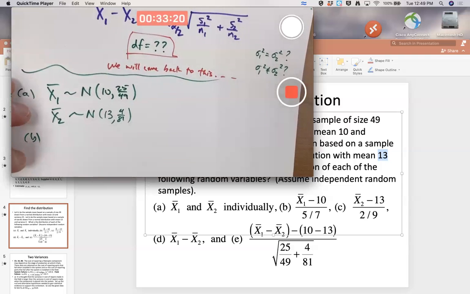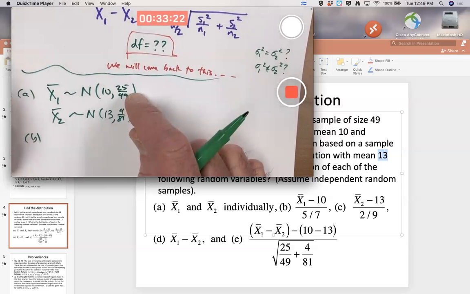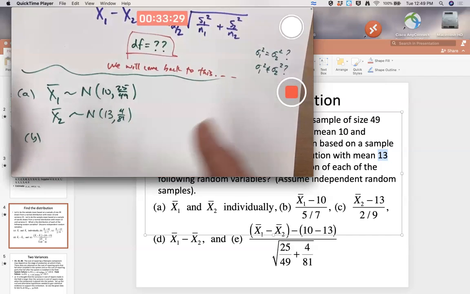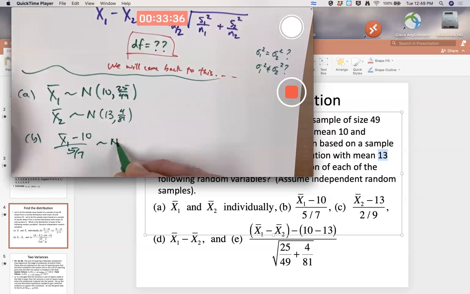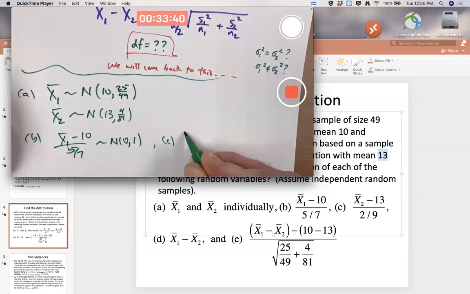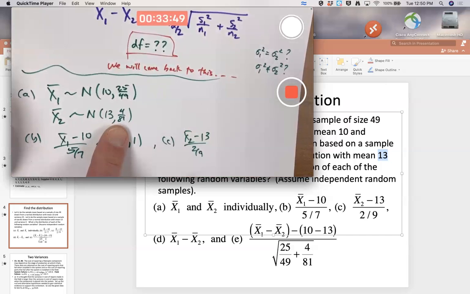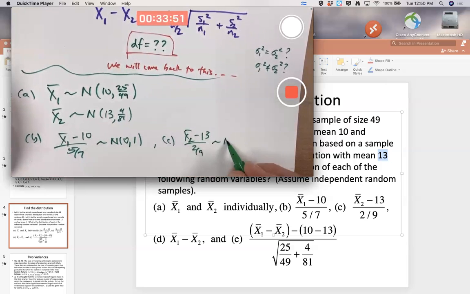That's going to be standard normal because 5/7 is the standard deviation of X1 bar, because its variance is 25/49. So X1 bar minus 10 over 5/7 is standard normal, N(0,1). Part C, same kind of thing for X2 bar. 2/9 is its standard deviation because its variance is 4/81. That's also standard normal.